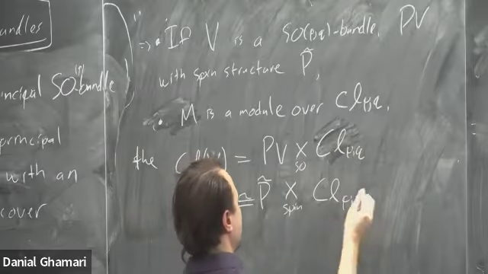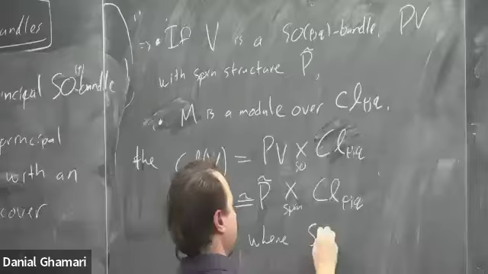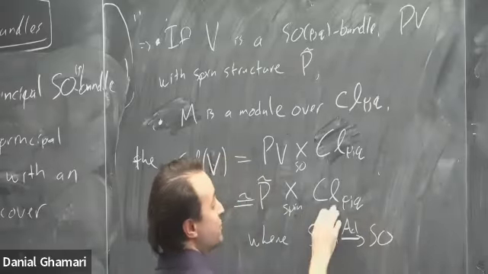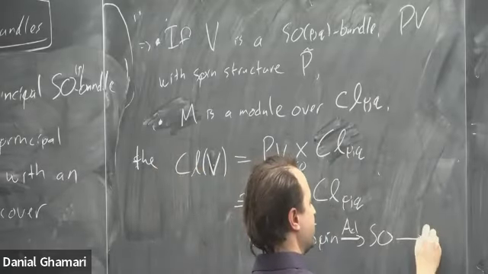So where spin is acting through SO in this case. It's not acting as a subalgebra to plug this in, it's acting through SO. So this is a little slight difference.